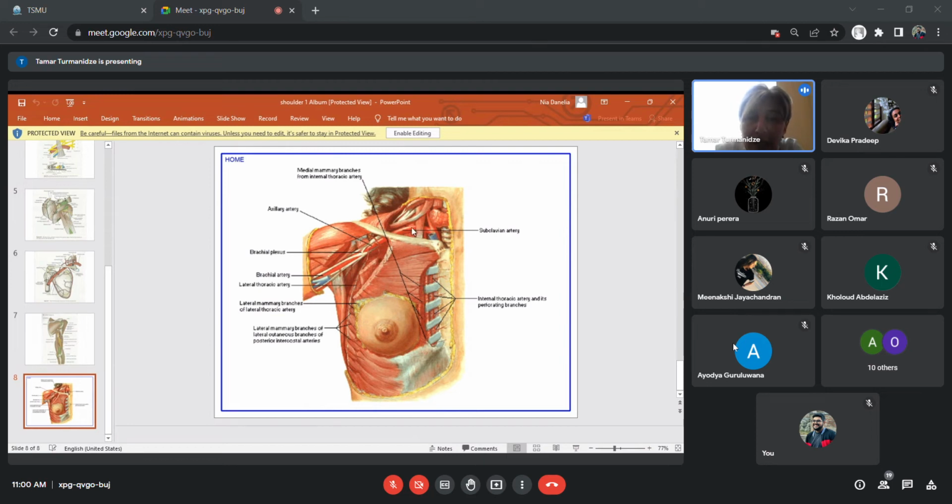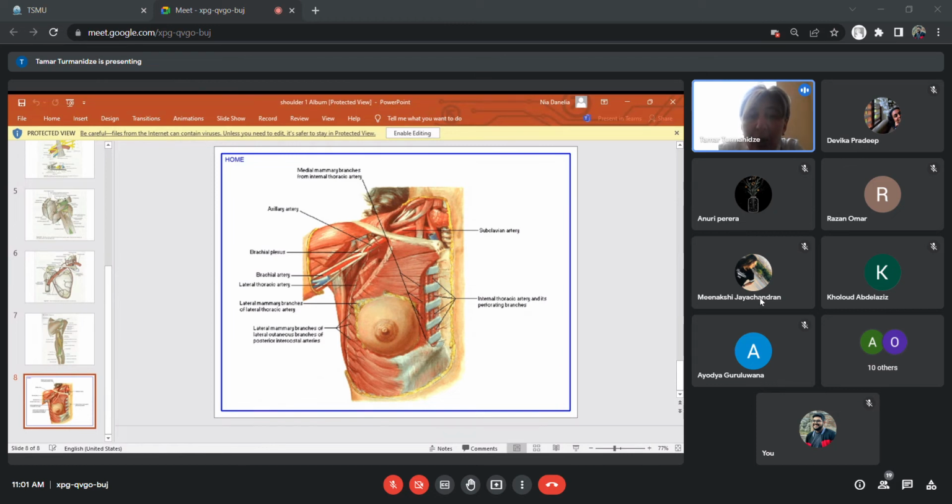So in these triangles is located what? Axillary vein, axillary artery, and brachial plexus. The vein is located on the medial side in these three triangles. So the vein does not change its position. In all triangles it is located medially.